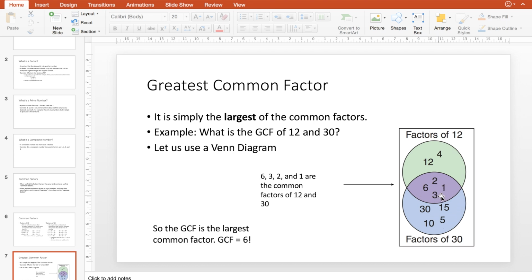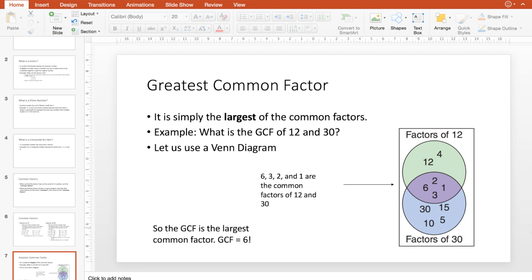In the purple shaded area of this Venn diagram are the common factors. The 12 and 4, and the 30, 10, 5, 15 are not in common. So the purple area shaded is known as the common factors of 12 and 30.